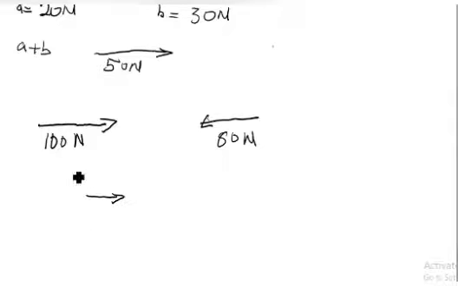The line is going to be shorter this time around, and it's going to give you 20 Newton, in the same direction, because it takes the direction of the one that is higher.